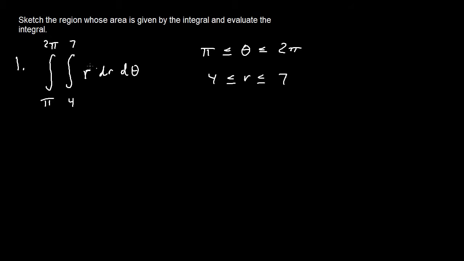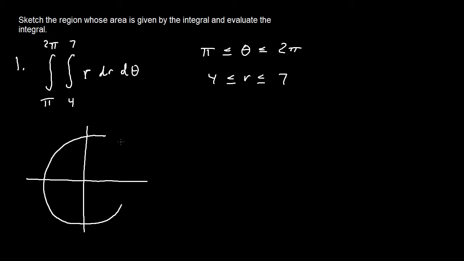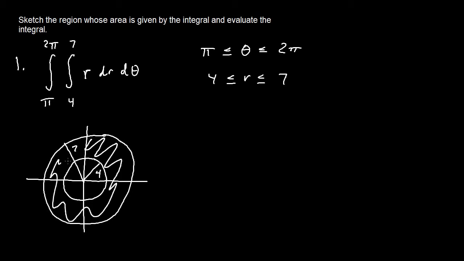So whenever you see just r by itself in polar form, that's basically describing a circle. So if I were to go ahead and draw a circle here, the radius once again ranges from 4 to 7. So let's just draw an inner circle here, and the radius of the inner circle is 4, and the radius of the outer circle will be 7. So that tells us that the radius ranges from 4 to 7, so it's in between these two circles.